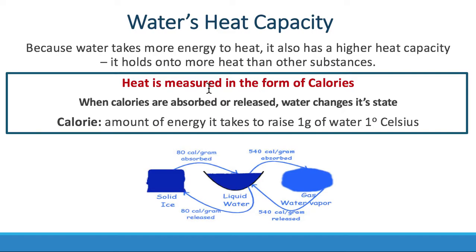So it's going to be important to know the amounts of energy that we add or that are released when moving from one state to another. I would be familiar with the 80 calories per gram going back and forth from solid to liquid or liquid to solid, and I would be familiar with the 540 calories per gram when going from a liquid to a gas or a gas to a liquid.